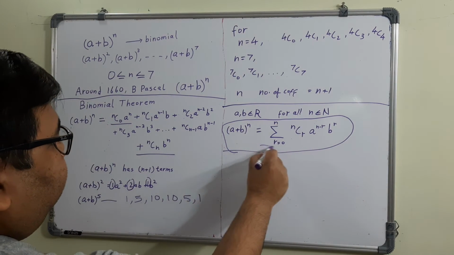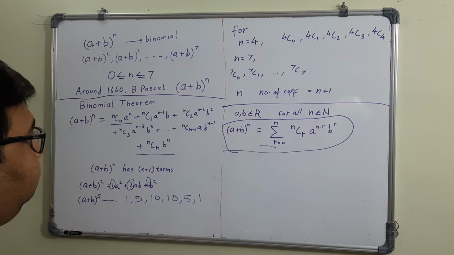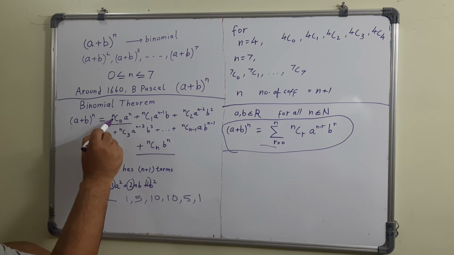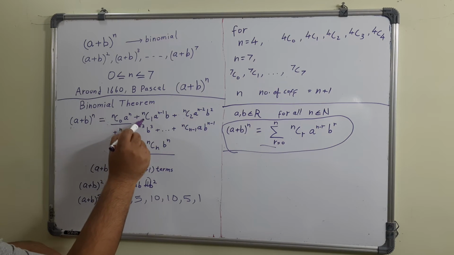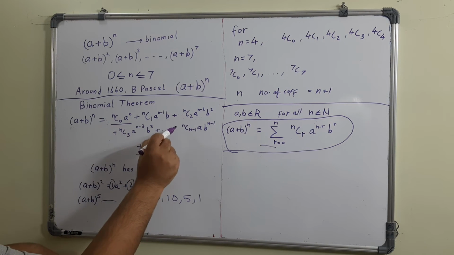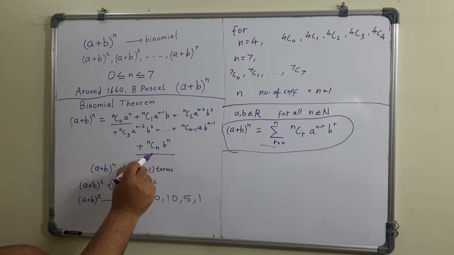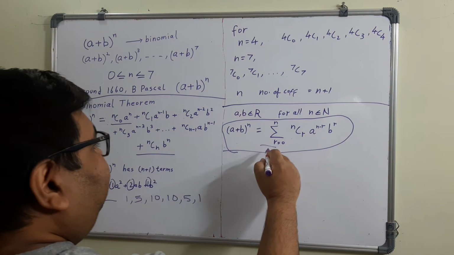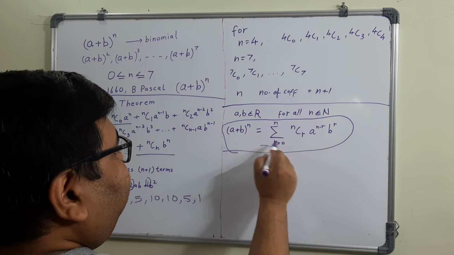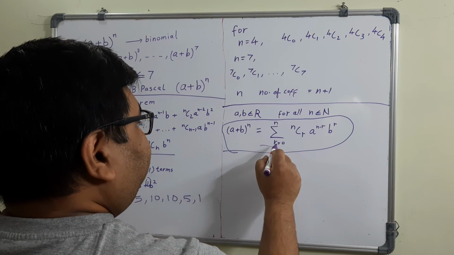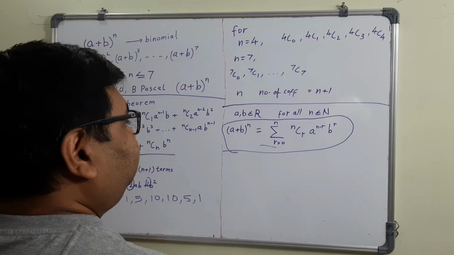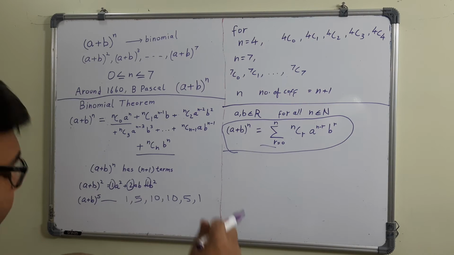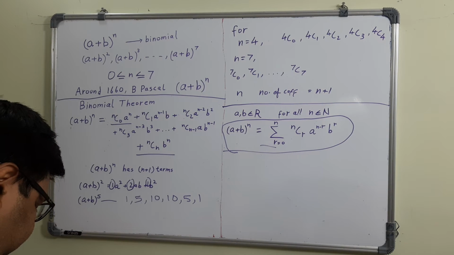This is summation. As you can see, from nC0, nC1, these are the coefficients up to nCn. And this expansion has been shortened here by using summation from r equals 0 to r equals n. So this is the binomial theorem.